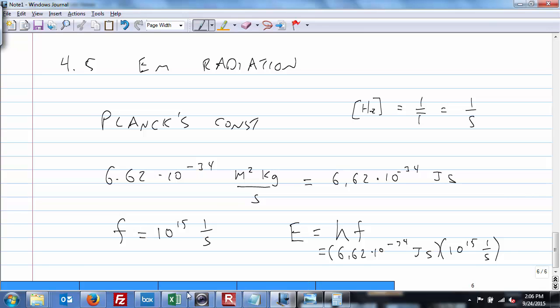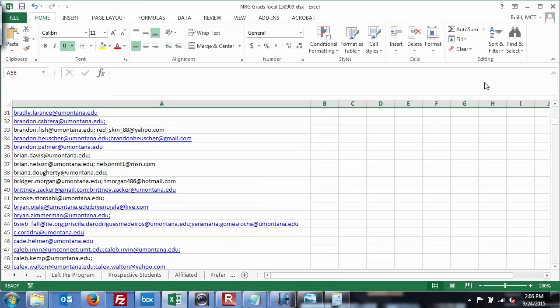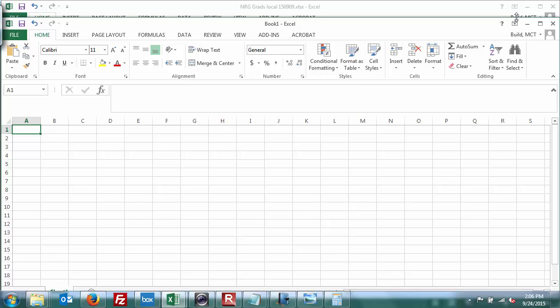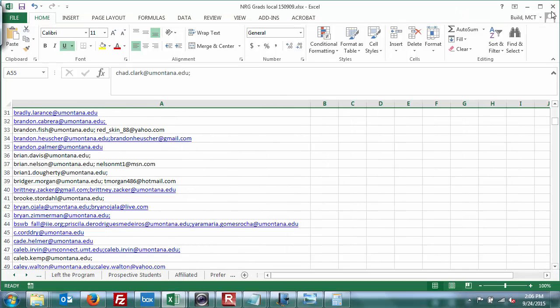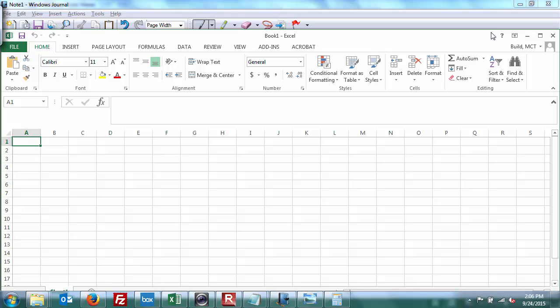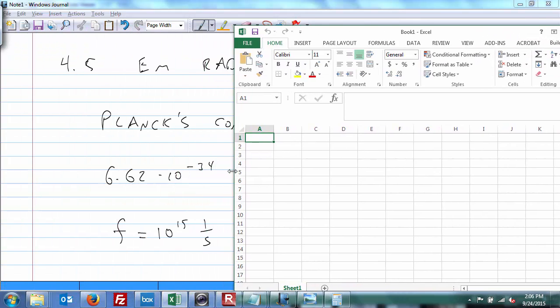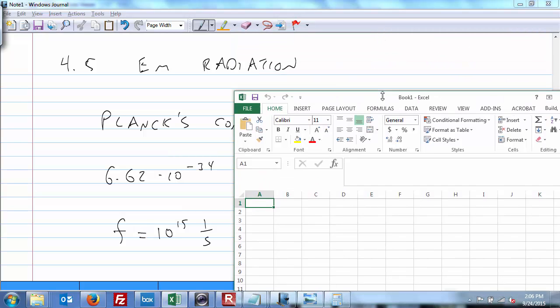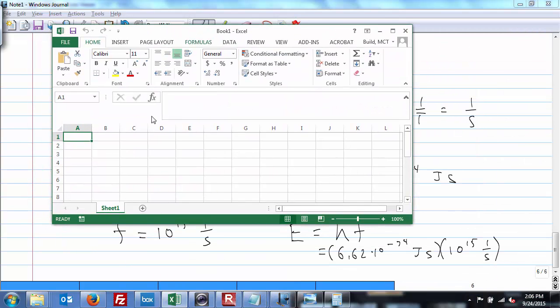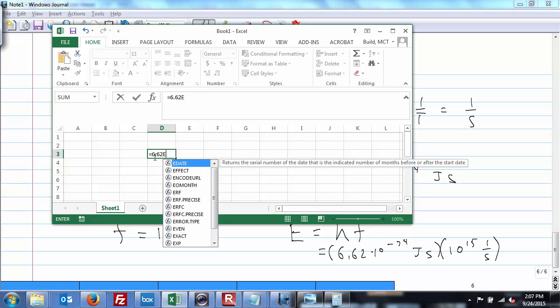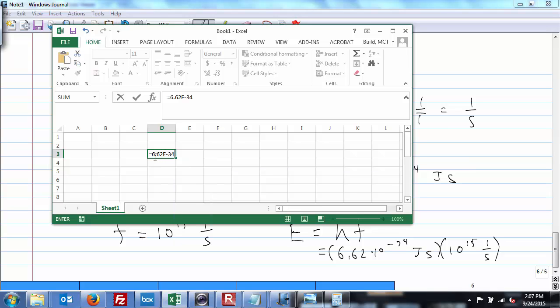And I'll break out Microsoft Excel to do this one. Okay, so I'll just do it straight away. Equals 6.62 E minus 34 times 1 E 15.